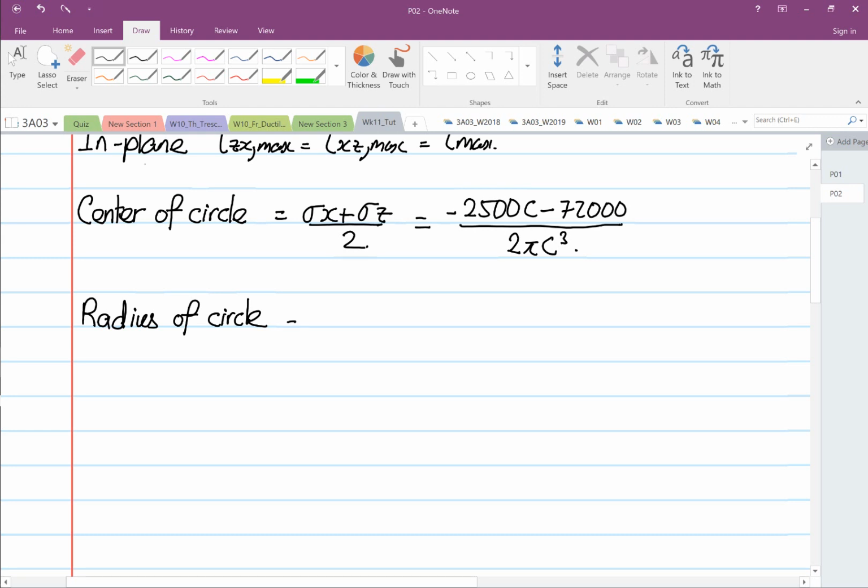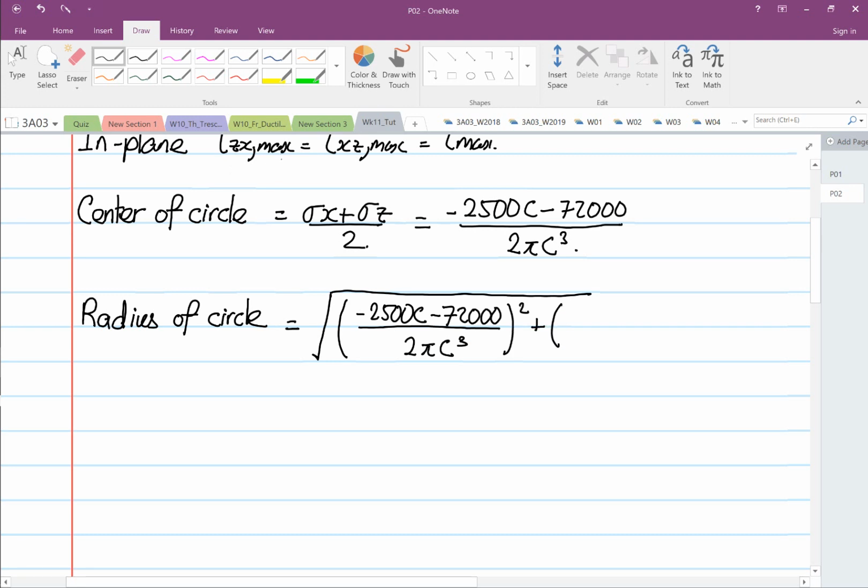So this will be equal to the square root of minus 2500 C minus 72,000 divided by 2 pi C cubed, squared, plus 55,200 over pi C cubed. Okay, and then the whole thing squared.